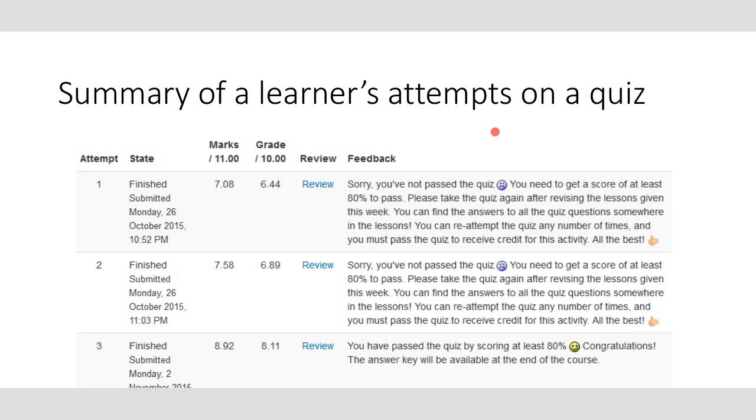I've seen a lot of people with such attempt reviews, and they've made more than one attempt to pass it. So this is a summary of how it looks for the learner, what happened to one particular learner in one quiz.